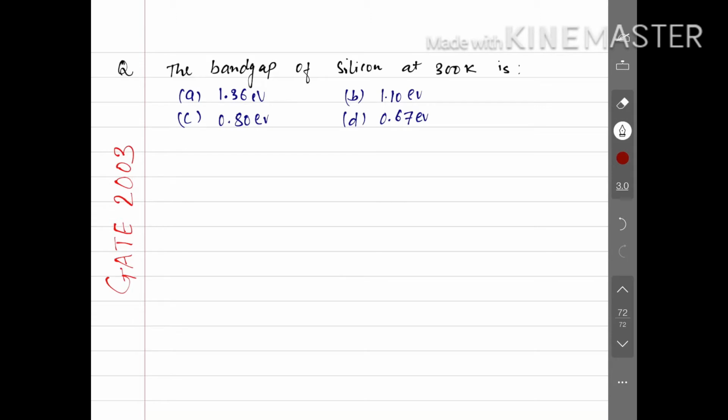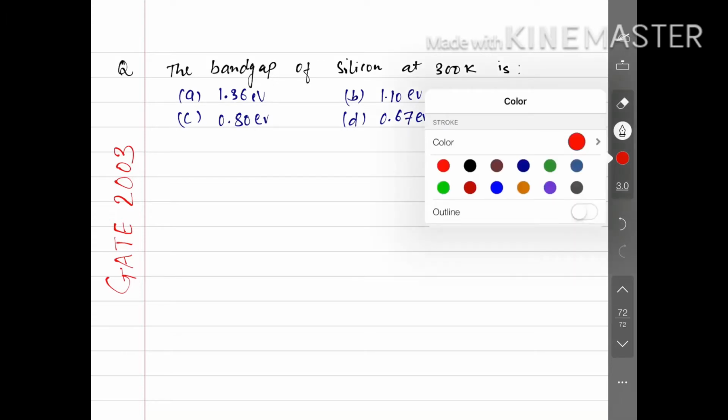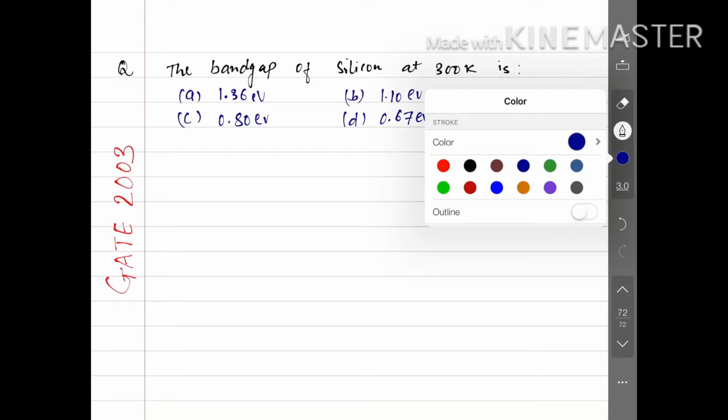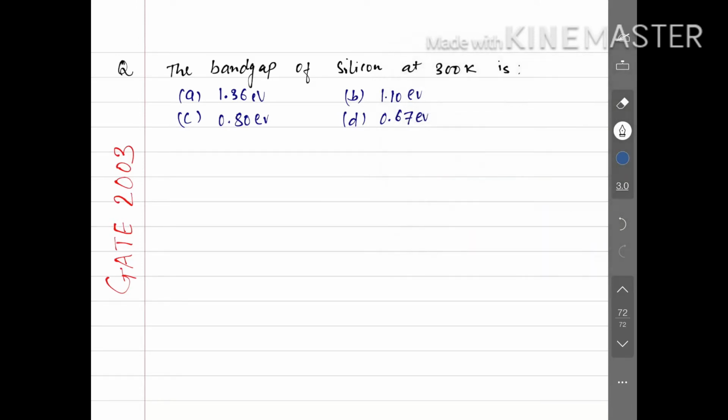Before answering this question, we need to know some basics of band gap. So let me give you a brief idea. What is band gap? We know that in a semiconductor we have a conduction band and a valence band.